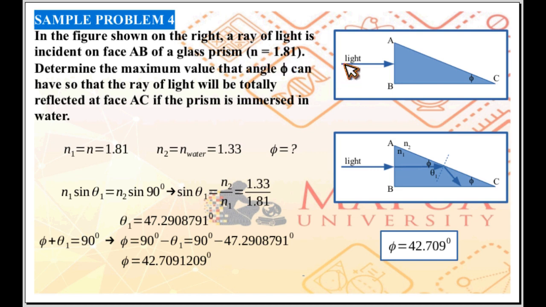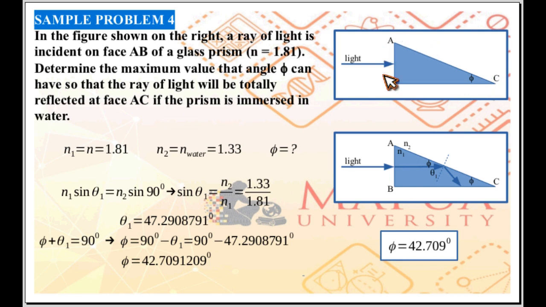So you have a ray of light incident on side AB of the prism, and according to the figure, the light ray is perpendicular to side AB, which means the angle of incidence is 0. Determine the maximum value that angle phi can have so that the light ray will be totally reflected at face AC if the prism is immersed in water.